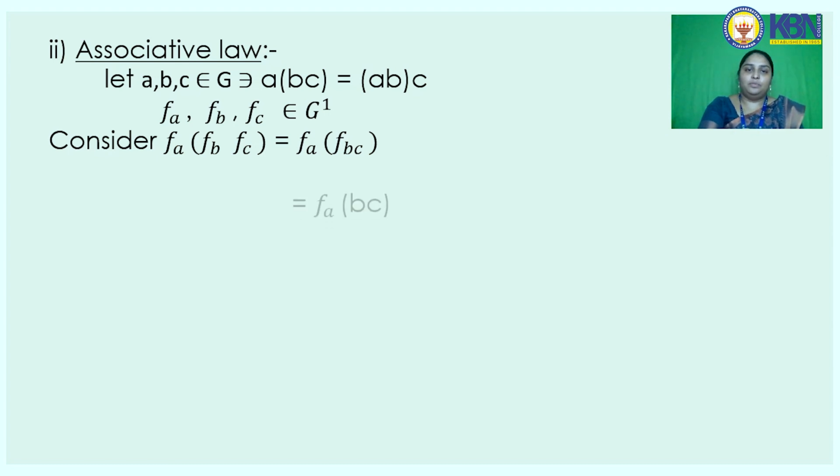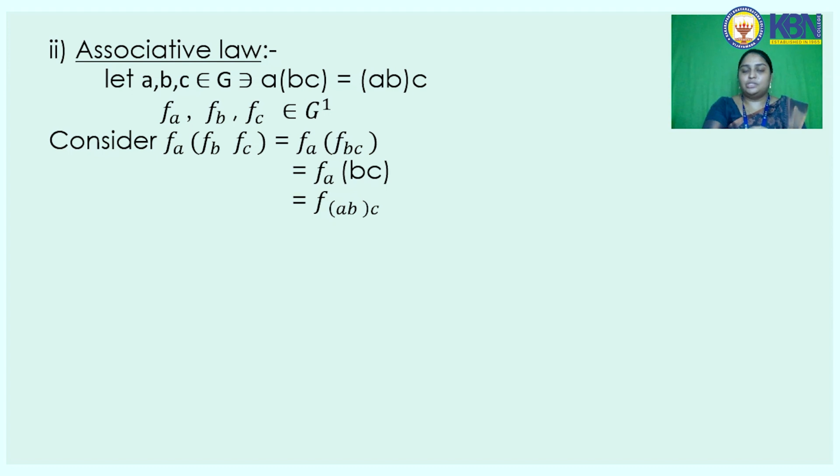By the mapping of the permutation, we can write it as Fa into Fbc by the closure property which we have previously proved. Now from the permutation group, we can write Fa into Fbc as Fa at bc. Now Fa at bc can be written as Fab at c.